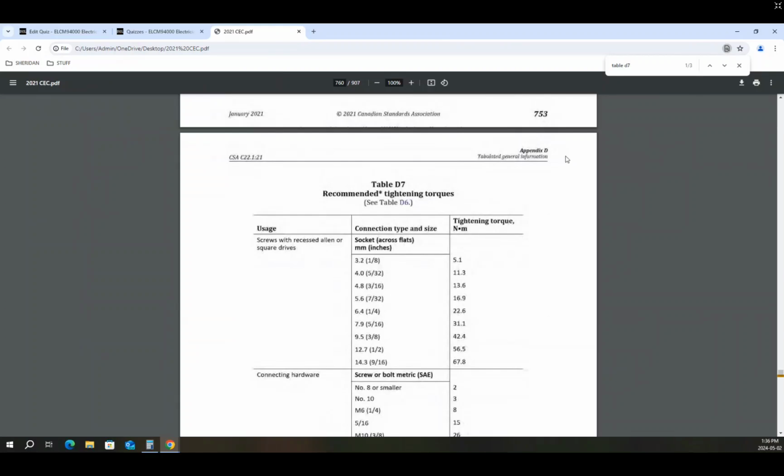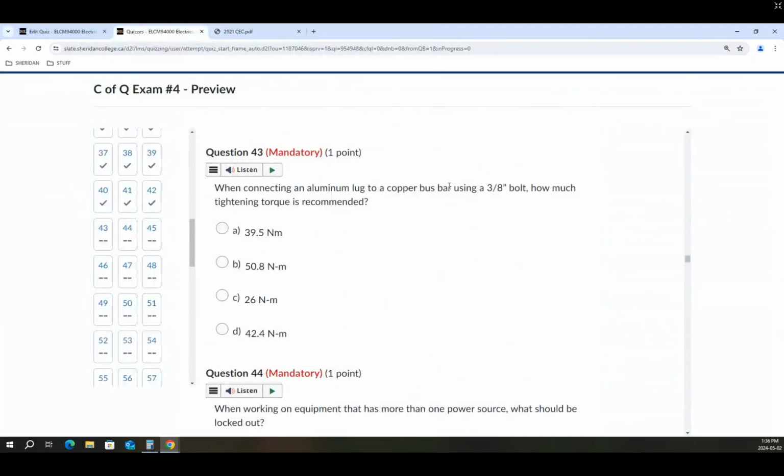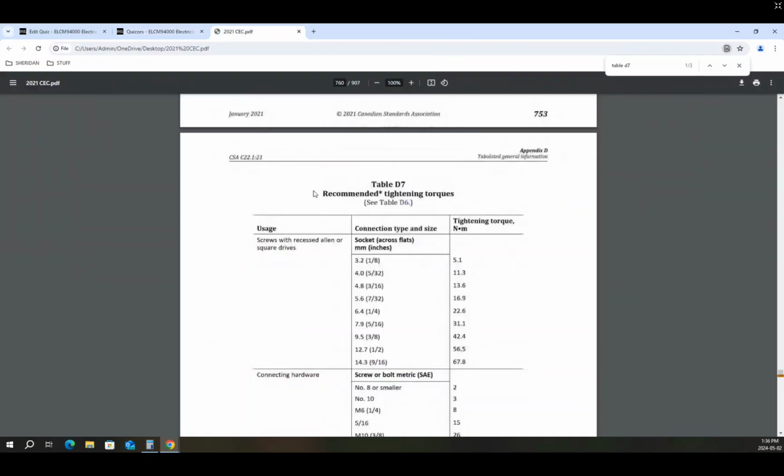Recommended tightening torques. Okay, Appendix D, Table D7. So a 3/8 bolt, aluminum lug, copper bus. Connection type. There's my 3/8.